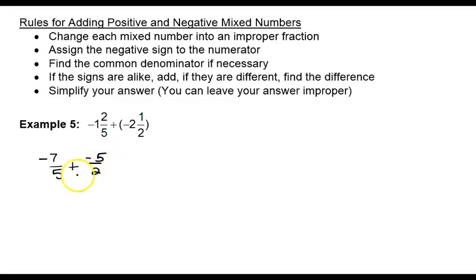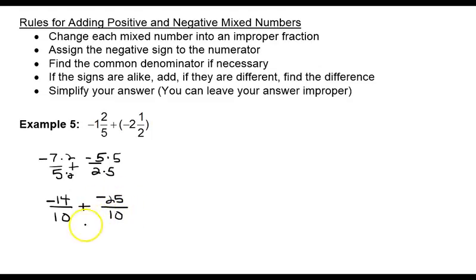Now we're going to find a common denominator. The common denominator here is 10. So we're going to multiply this fraction by 2, and it becomes negative 14 tenths. And this fraction we're going to multiply by 5, so it becomes negative 25 tenths.